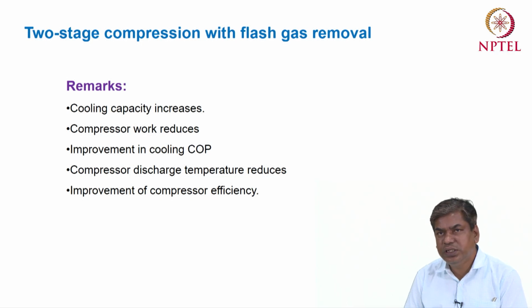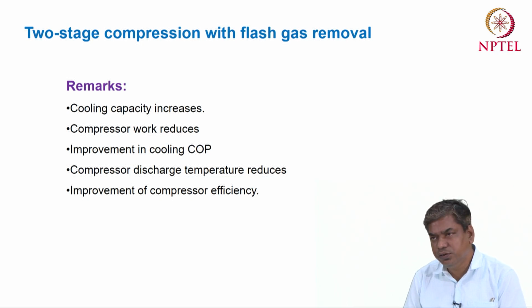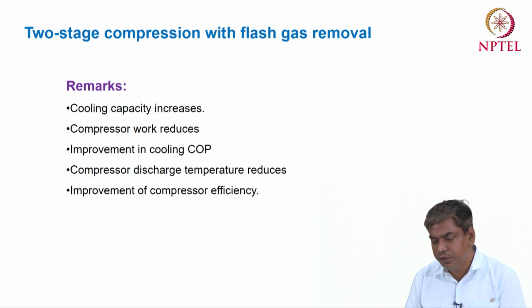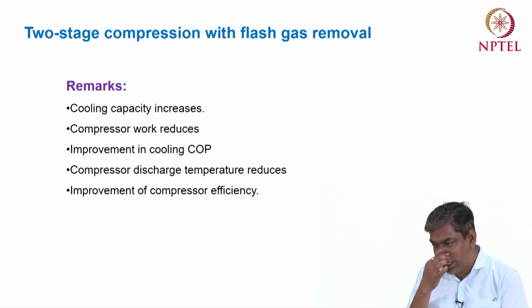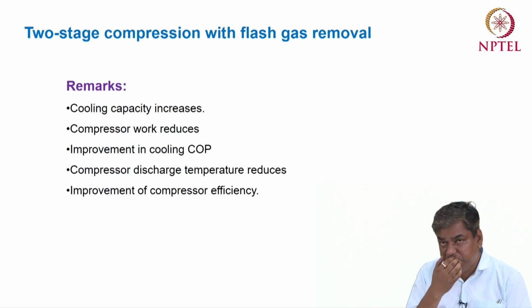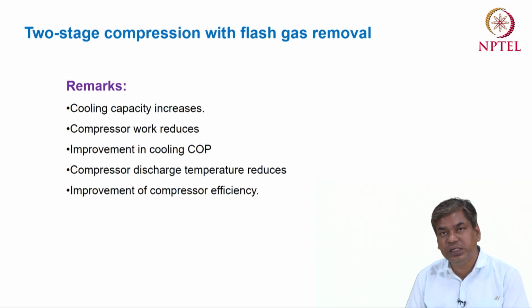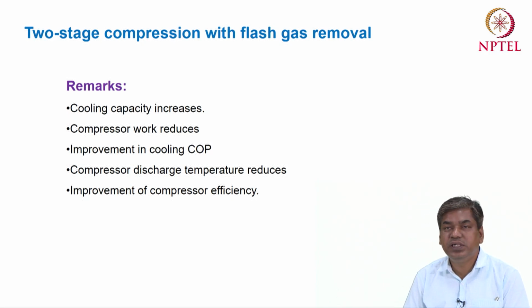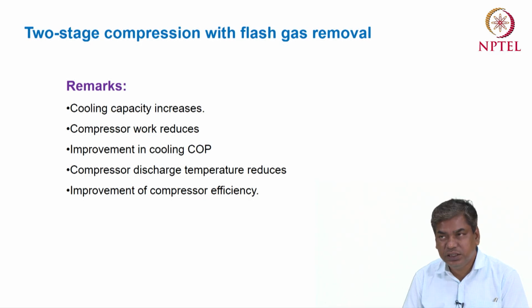The percentage increase of cooling capacity may depend on the refrigerant; different refrigerants give different values, but for all refrigerants the cooling capacity will increase. Then the compressor work will decrease, which we also saw in our previous analysis in the previous slides.